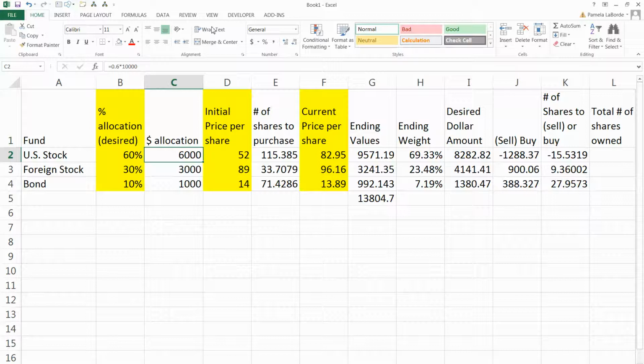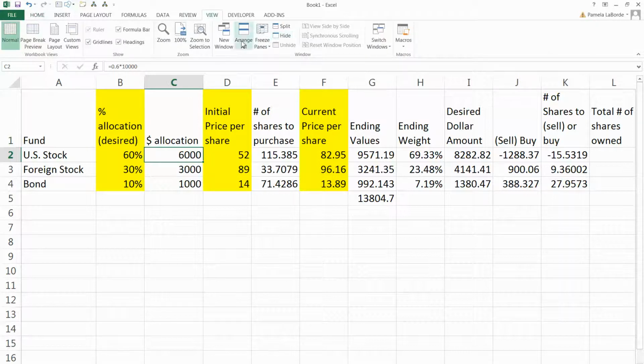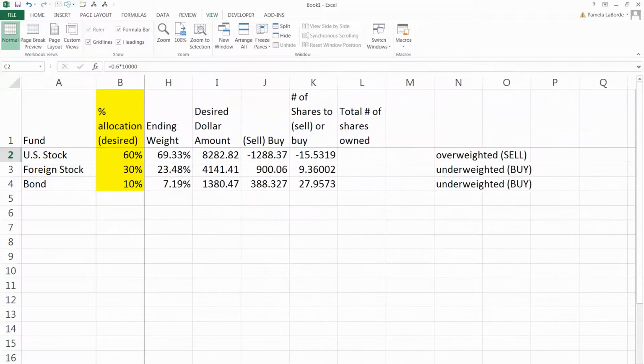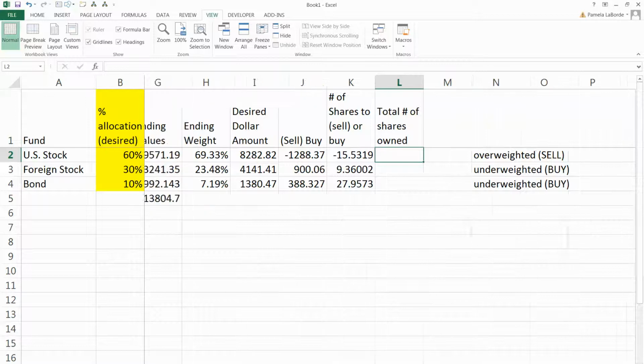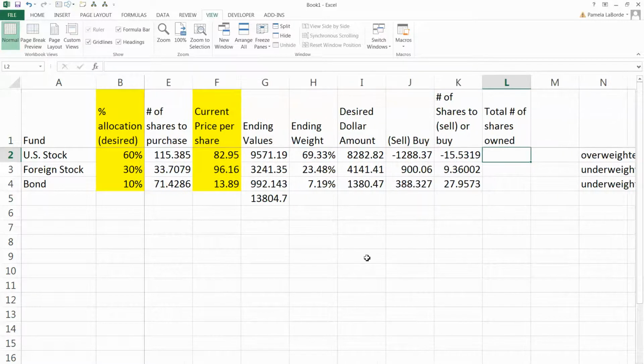I'm going to freeze the panes so I can scroll now more to the right, and these panes stay there so you can see exactly what I'm referring to as I add the total or calculate the total number of shares. So actually I have to scroll back a little bit.